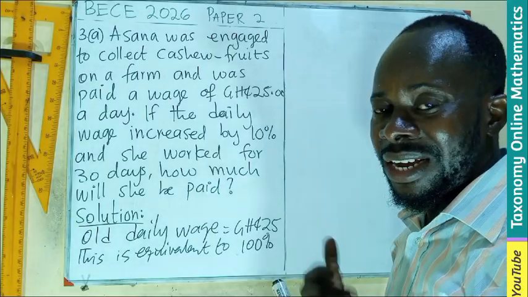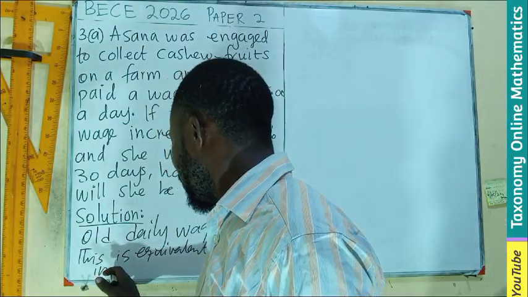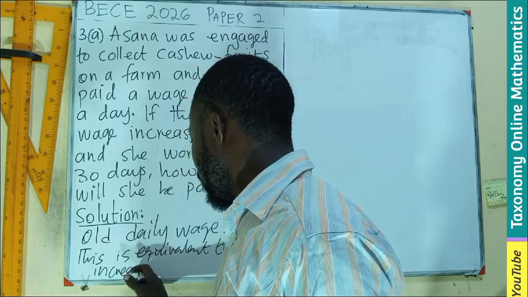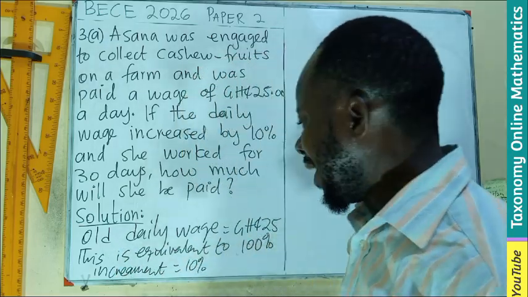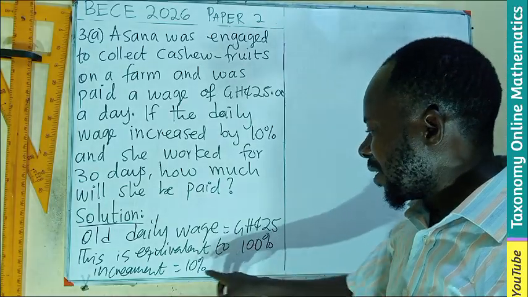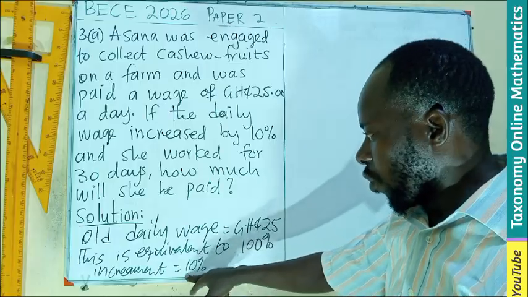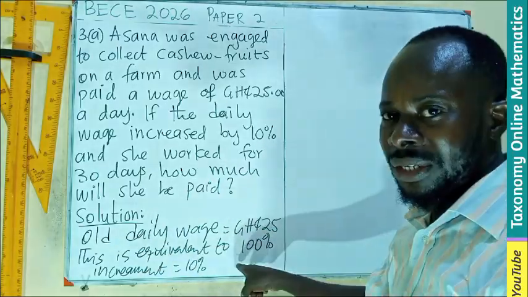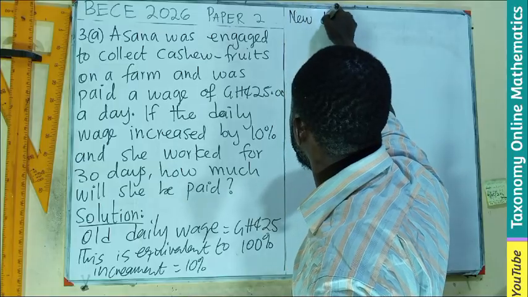Then there is an increase of 10%. So we can say the increment is 10%. So it means we are increasing the percentage from 100 to 110, right?